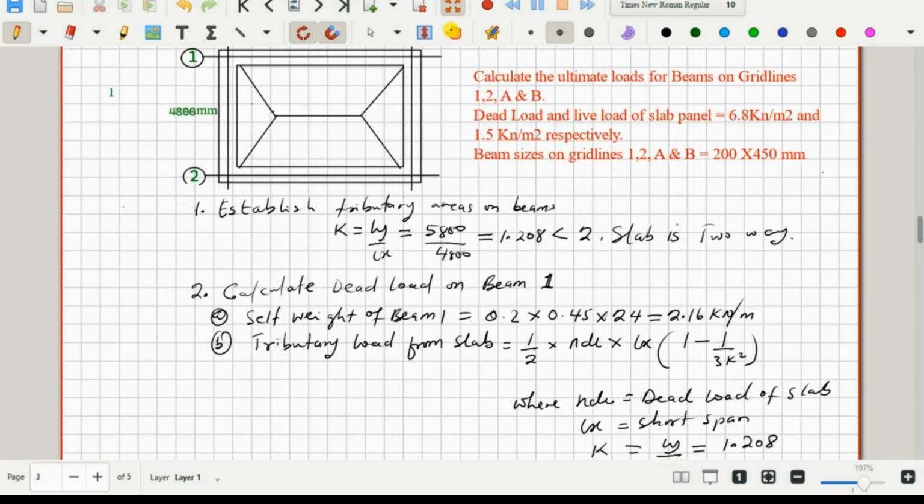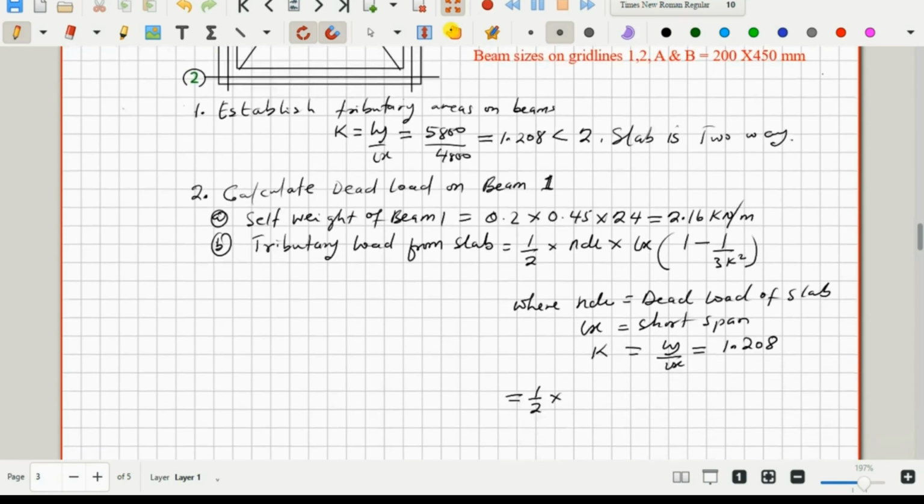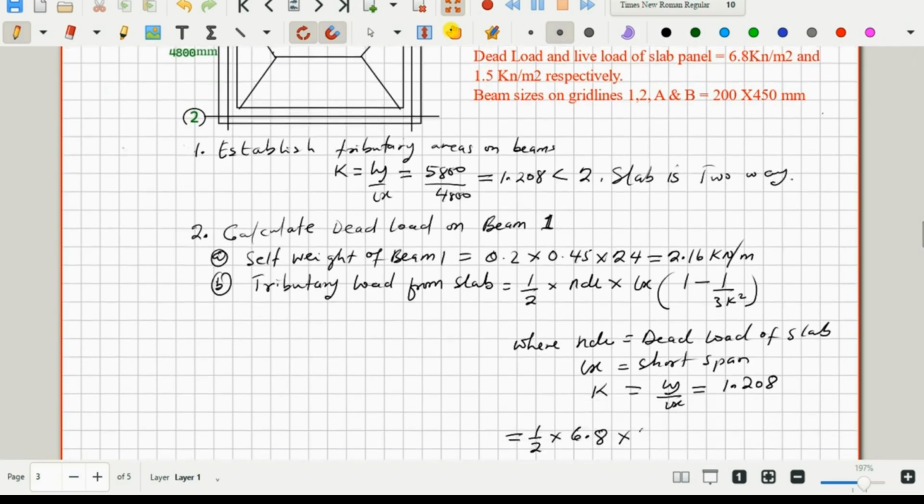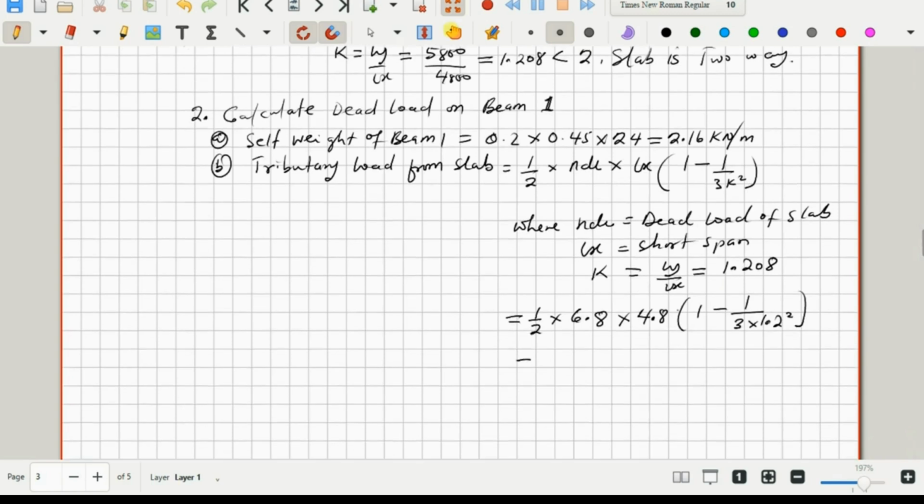Right, so slotting these values in the equation, we'll have 1 over 2 times our dead load. So from the parameters, our dead load is 6.8 kilonewton per square meter. So 1 over 2 by 6.8 times the short span, and that is 4.8 meters. So 4.8 all into bracket 1 minus 1 over 3 times the K squared, which is 1.2. So 1.2 squared. Solving that, we'll have 10.74 kilonewton per meter.